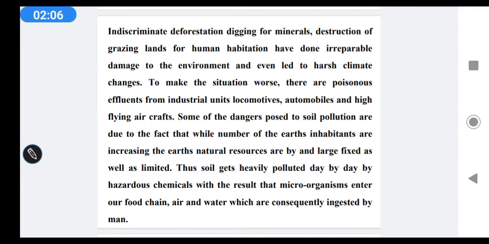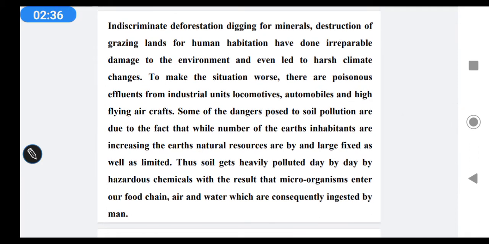To make the situation worse, there are poisonous effluents from industrial units, locomotives, automobiles, and high flying aircraft. Another danger posed to soil is that while the number of the earth's inhabitants is increasing, the earth's natural resources are by and large fixed and limited.